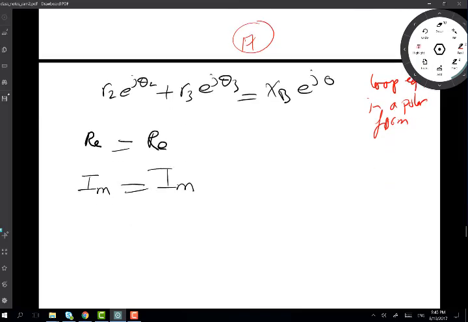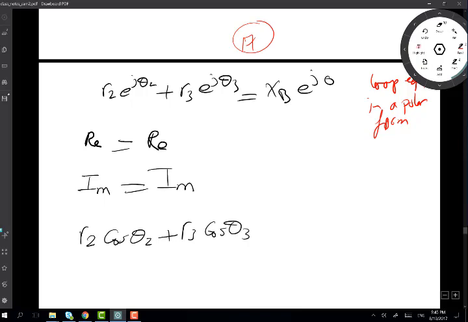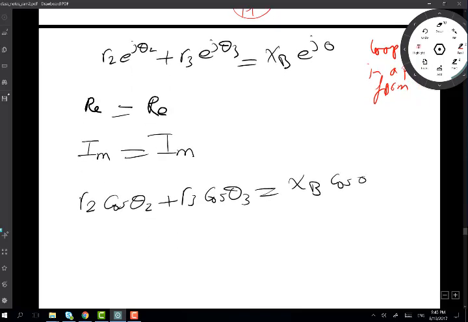So the real is cosine: R2 cosine theta 2 plus R3 cosine theta 3 is equal to xb cosine 0, and cosine 0 is equal to 1. So R2 cosine theta 2 plus R3 cosine theta 3 is equal to xb. That's one scalar equation I got.